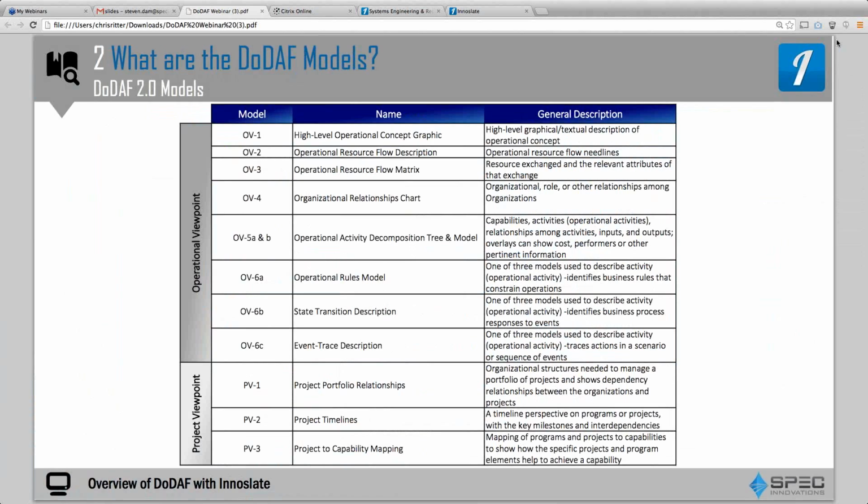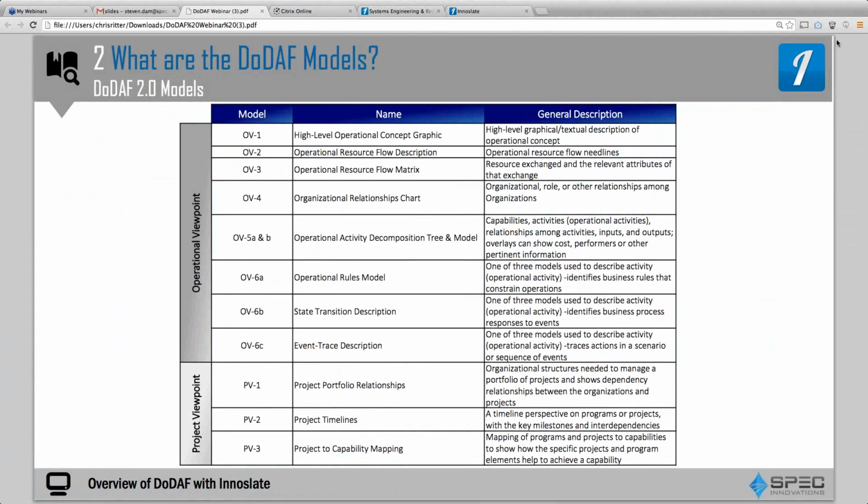The OV4 is a standard organization chart showing the organizational relationships. The OV5, A and B, they split out A and B for some reason this time. The A is a decomposition tree, it's the hierarchy, and the B is the data flow diagram showing the inputs and outputs with the operational activities. It's funny because those were always required, and they hadn't split them out before until version 2.0.